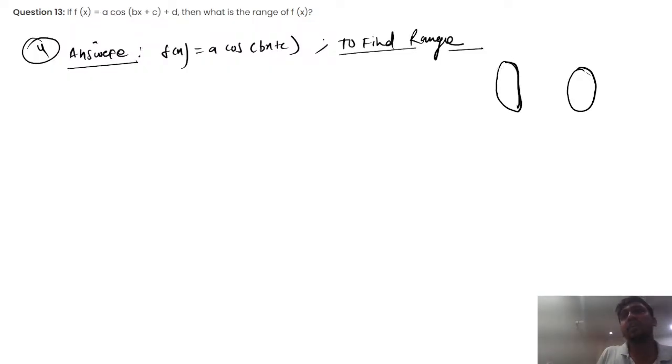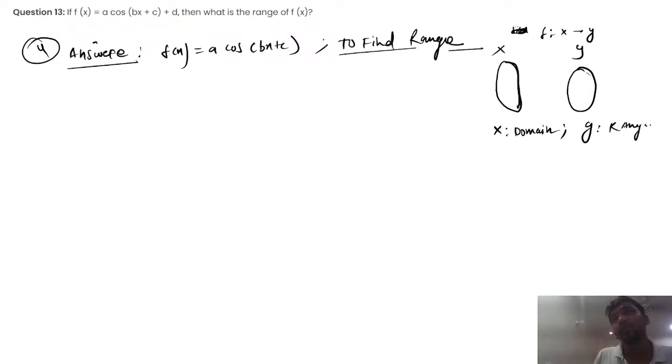If there are two sets x and y, and we have defined a function f from x to y, then x becomes the domain and y becomes the range.